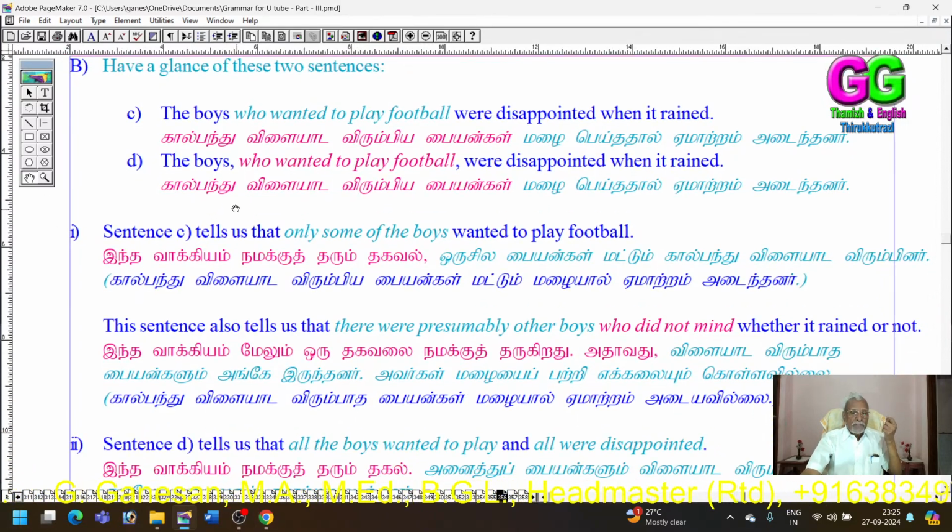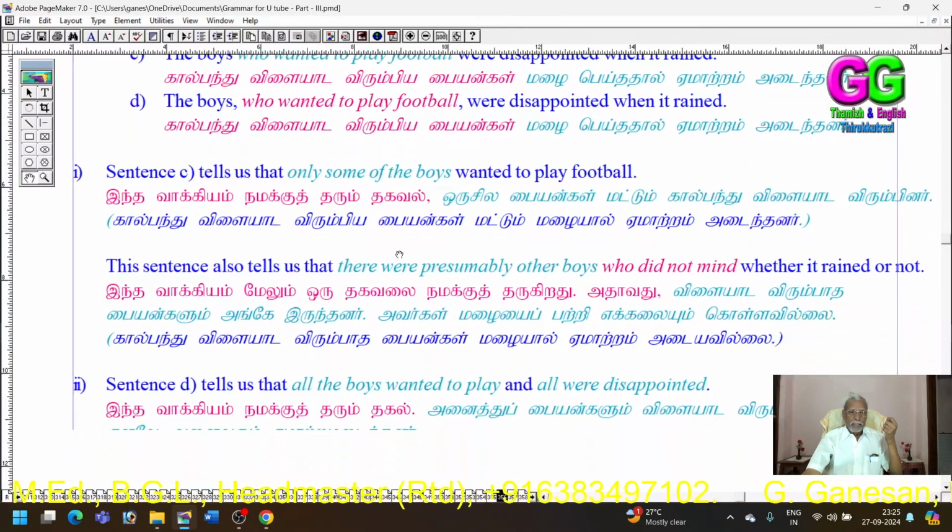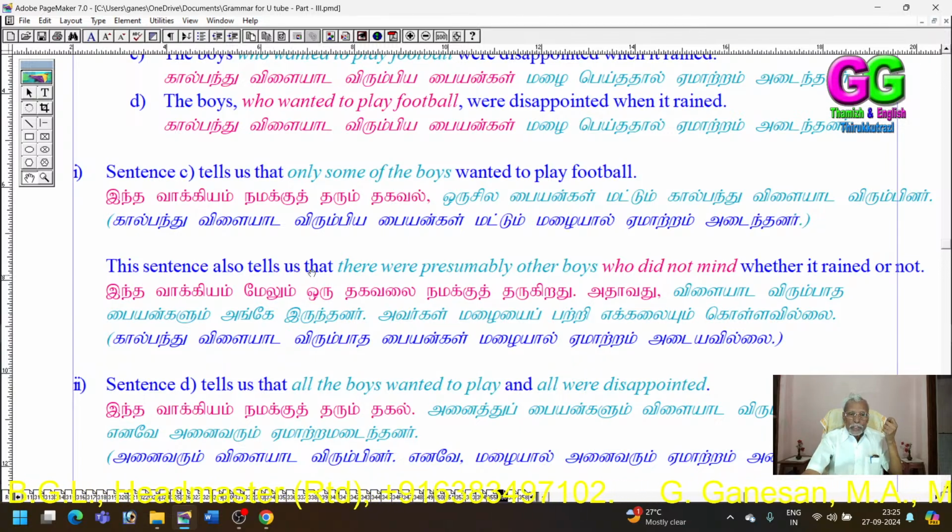See, sentence C tells us that only some of the boys wanted to play football. This sentence also tells us that there were presumably other boys who did not mind whether it rained or not.